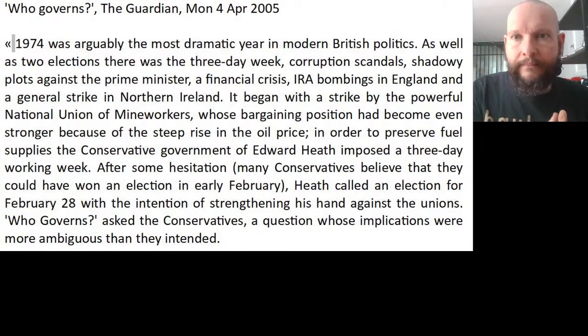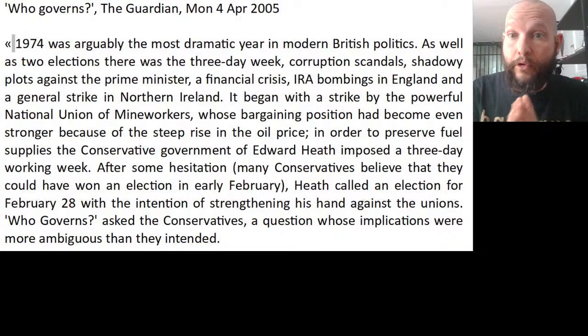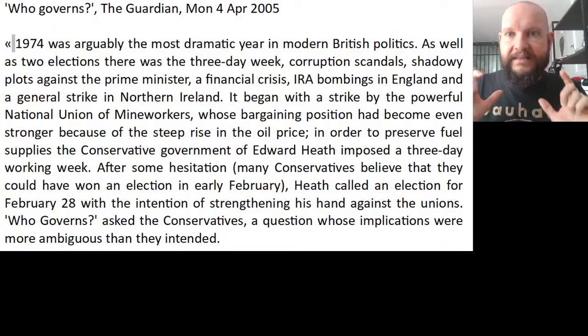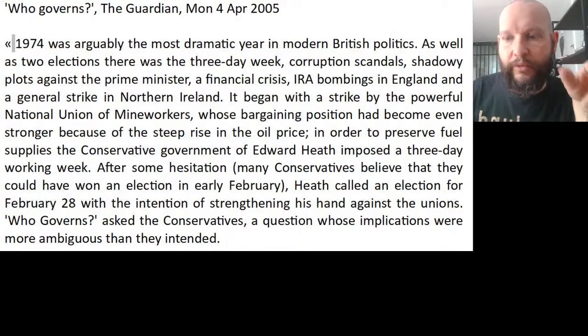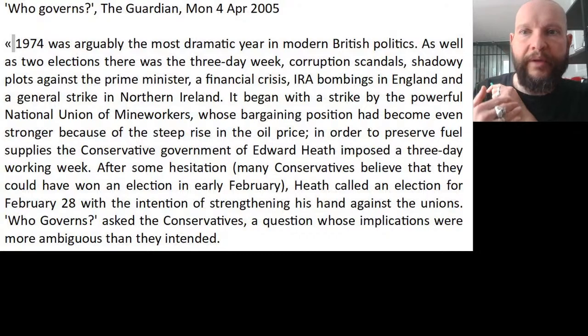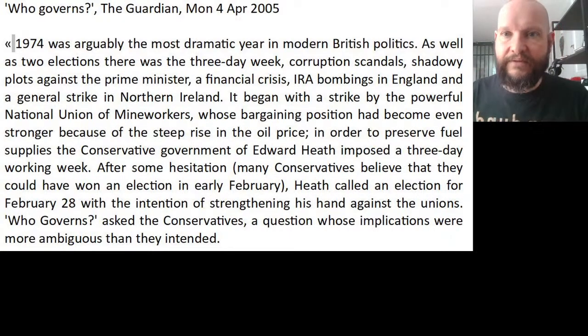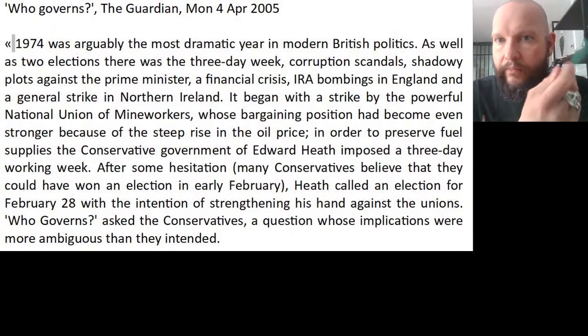In the UK, the miners who were mining for coal felt that this strengthened their position because now coal was even more important for the UK. As oil importation was becoming more expensive, coal was a kind of safety net for the British economy. So the miners say, oh, you need us.